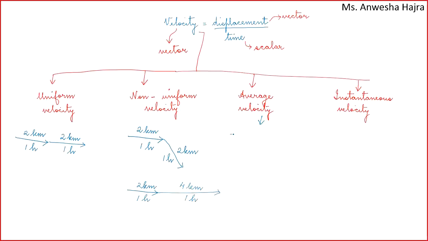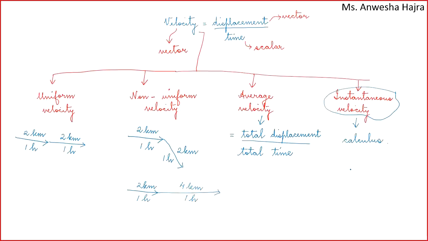Average velocity is total displacement divided by total time. Total displacement by total time. Instantaneous velocity again is changing every moment, and this can be calculated with the help of calculus.